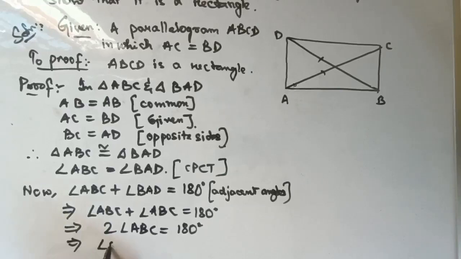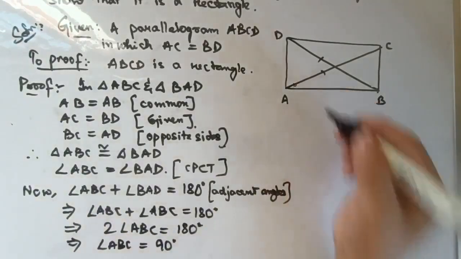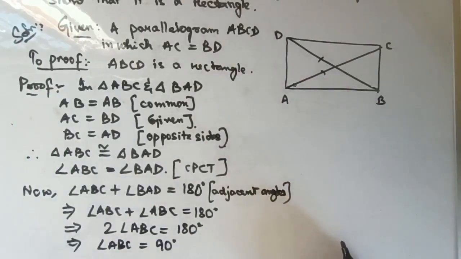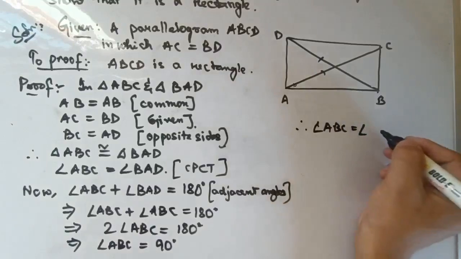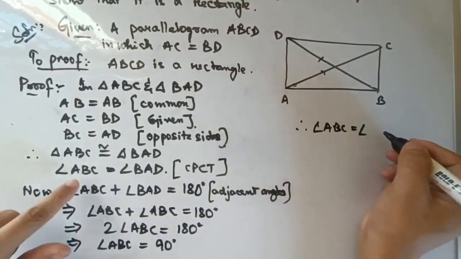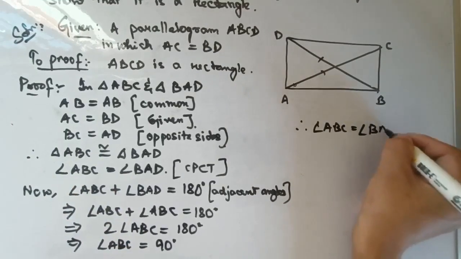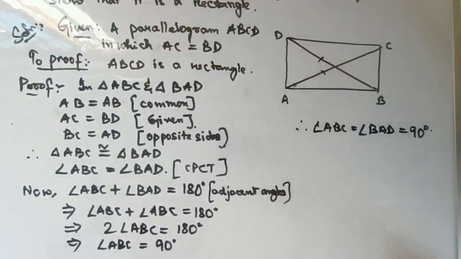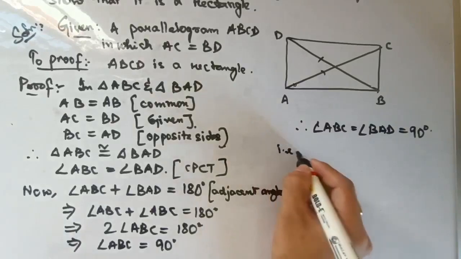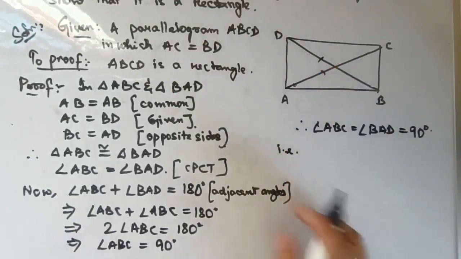This implies angle ABC is equal to 90 degrees. Since one of the angles of the parallelogram is 90 degrees, we can say that the given parallelogram is a rectangle. So angle BAD is also equal to 90 degrees. Both angles are of 90 degrees.